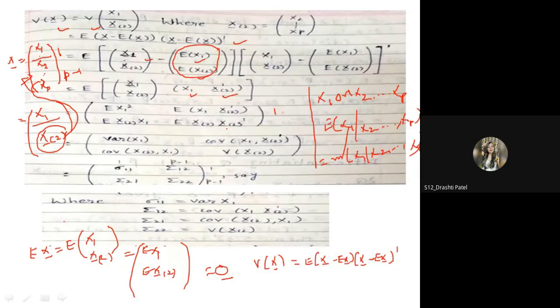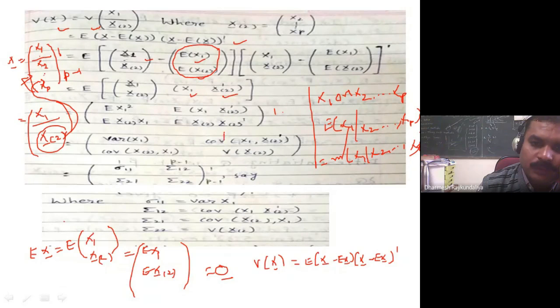P minus 1. So what is the order? This is a p minus 1, this is a 1. So it is 1 and p minus 1, so what is the order? p cross p. So this matrix has the order p cross p.